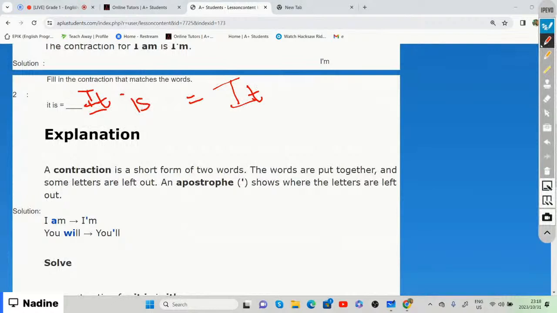So we have it is, and with the second word, is, we remove the I, and then we add the S, and we put the apostrophe in place of that letter that was removed. So now our contraction is it's, which is another word for it is.